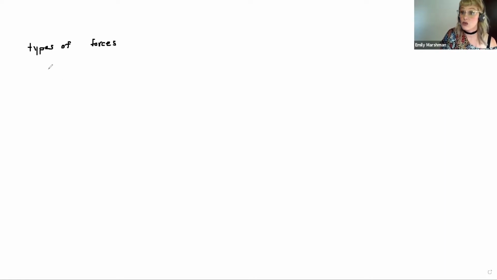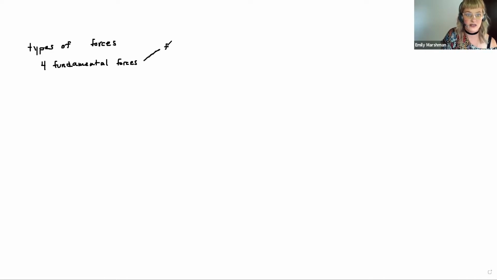There's actually four fundamental forces. I just want to go over this with you just so you know. And all other forces that we talk about are a result of these four fundamental forces.